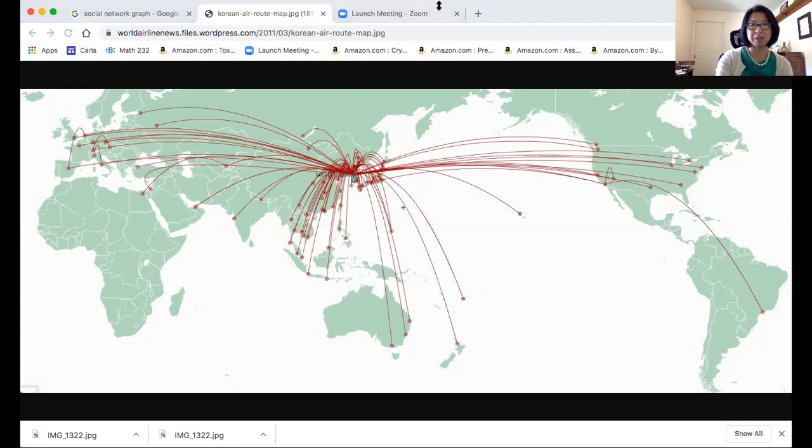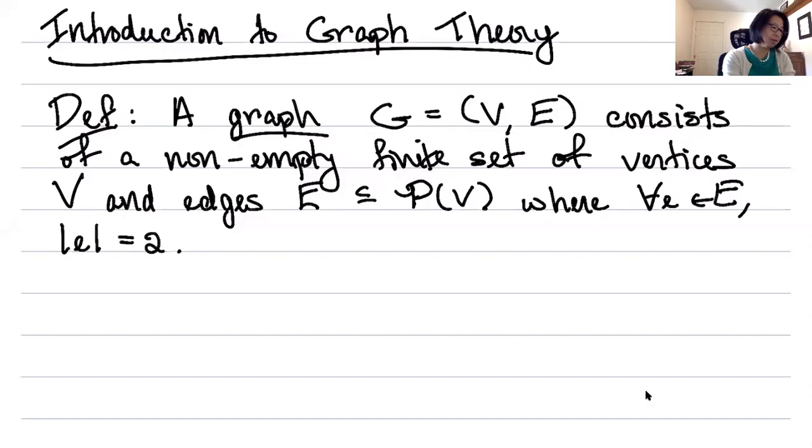Now I'm going to share my iPad with you. So the formal definition of a graph is, we often call them G, and they consist of two pieces of data, V and E, where V is a non-empty finite set of nodes or vertices.